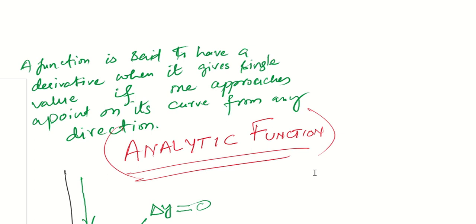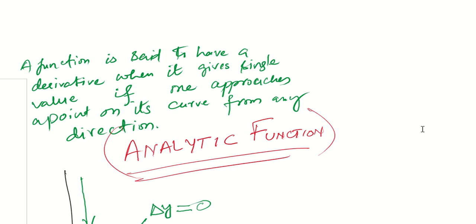In the example of the real valued function we had only one variable. In terms of complex functions we have two variables, x and y, and when we have this kind of situation we cannot check very easily whether the derivative exists or is consistent.